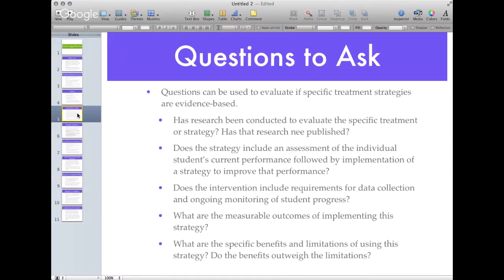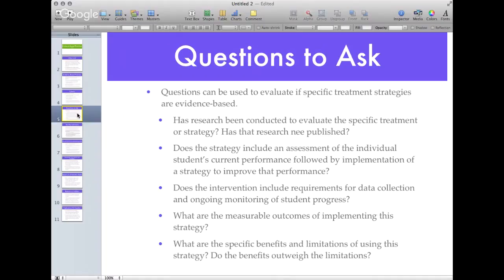So, questions to ask when you're trying to figure out if something is an evidence-based strategy or an evidence-based article. You can look at these different questions to help you determine. Has research been conducted to evaluate the specific treatment or strategy? Has that research been published? Does the strategy include an assessment of the individual student's current performance, followed by implementation of a strategy to improve that performance?